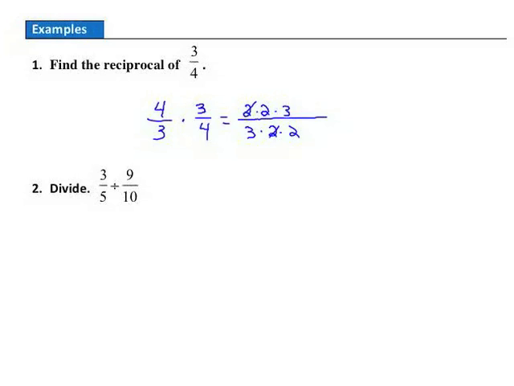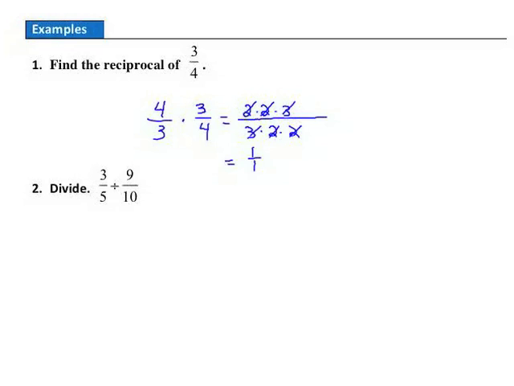That 2 will divide out with that 2 in the denominator, this 2 with that one, and then finally the 3 with that one. In fact, all of the factors have divided out, so I'm left with 1 over 1, which is just equal to 1. So that is the correct reciprocal. The reciprocal of 3/4 is 4/3.